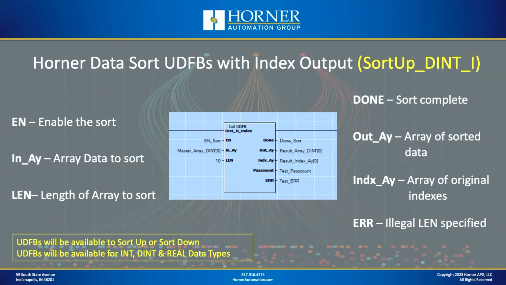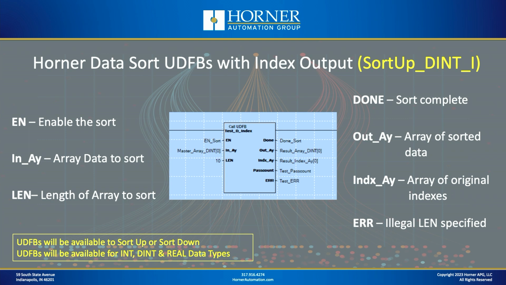Let's take a quick look at what the new data sort user-defined function blocks with index output contain. The example on the screen is a double integer version of that, but again, we also have sort up, sort down, integer, and real types available.